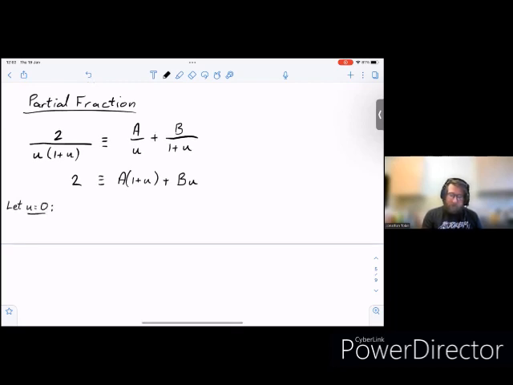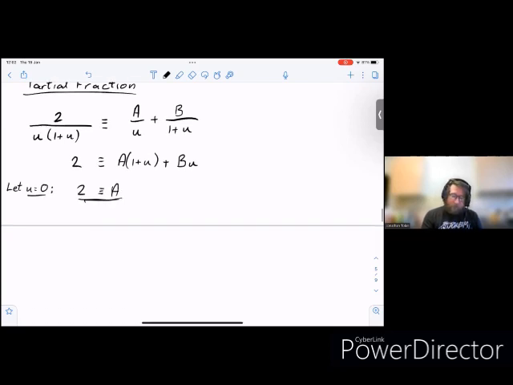So if u equals 0, the left-hand side will still be 2, and the right-hand side will be a times 1 plus 0, so that'll just be a. So we've got a sorted. Now if we let u equal minus 1, because that makes a disappear, we get 2 equals minus b, which means b equals minus 2.